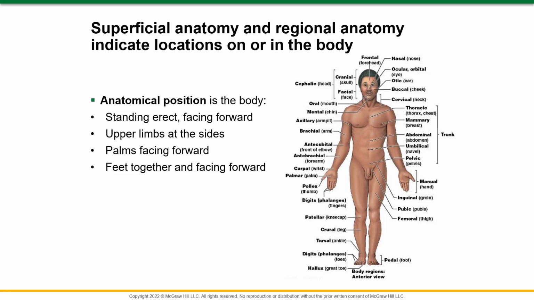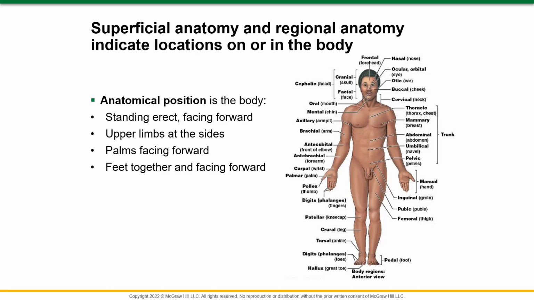So what we do is we make a standard position that is always used, all right? And that is anatomical position. And anatomical position means you are standing upright, face forward, upper limbs at the sides, palms out, feet together, feet facing forward.